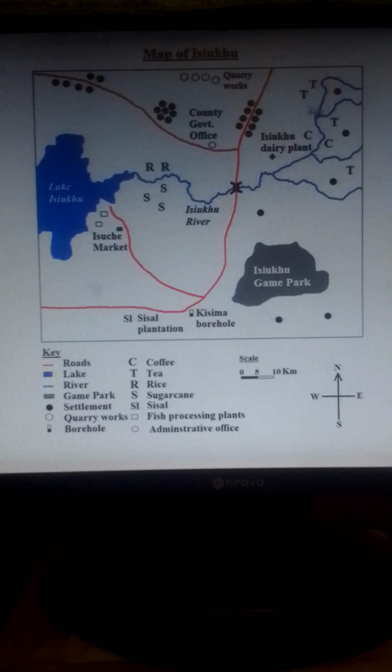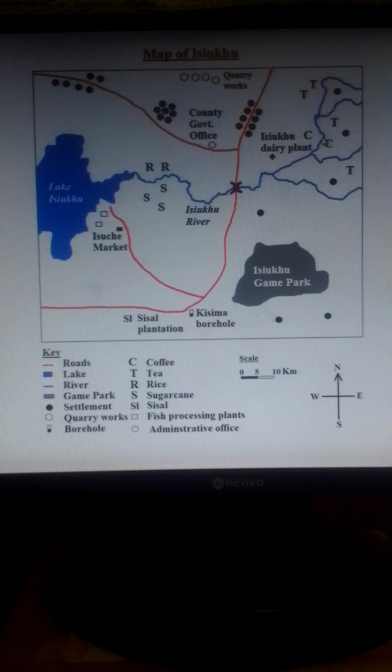Now in this part of the area, we have tea being grown here and coffee, and we also have dairy cattle being practiced around here, and even the river. We can see that the tributaries are coming from this area. So this is a highland area, and the climate here is cool and wet because of the crops and the other farming activities that are done here.